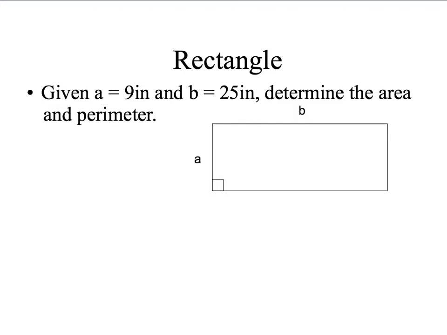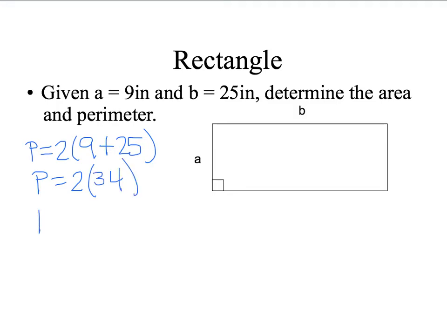Here we have a rectangle, and length and width are 9 inches and 25 inches. So the perimeter is 2 times the length plus the width. So perimeter is equal to 2 times 34.